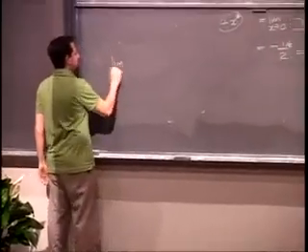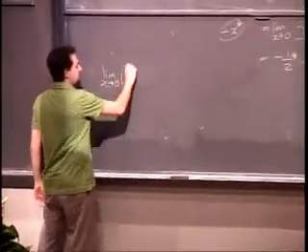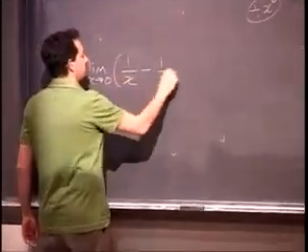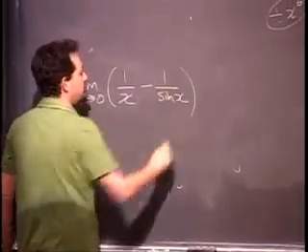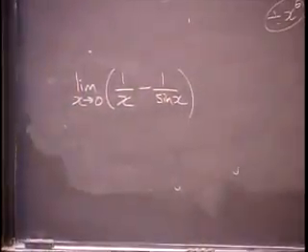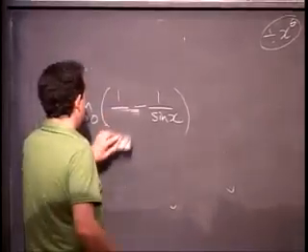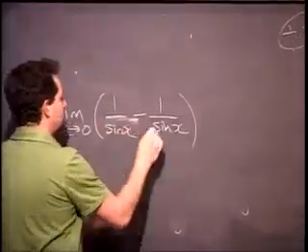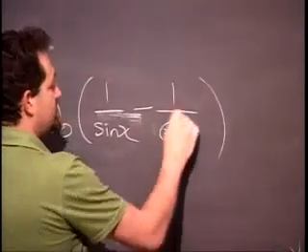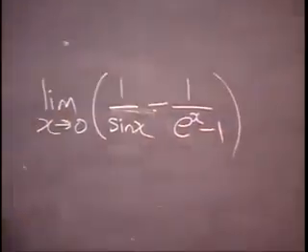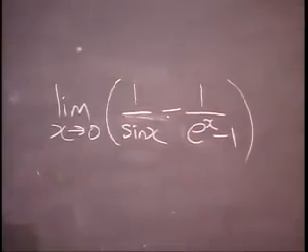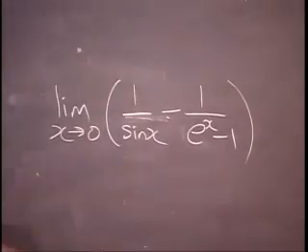Another example, which I'm not even going to finish, I'll leave it to you, is if you had something like the limit of 1 over x minus 1 over sine x. Now that's too simple. 1 over sine x minus 1 over e to the x minus 1. This is not actually a fraction as it stands. They're both infinite in the limit.